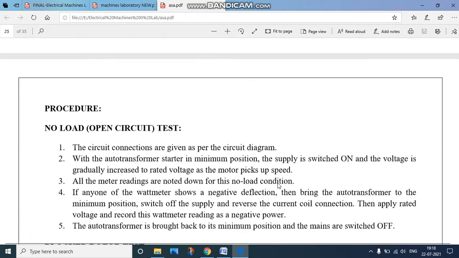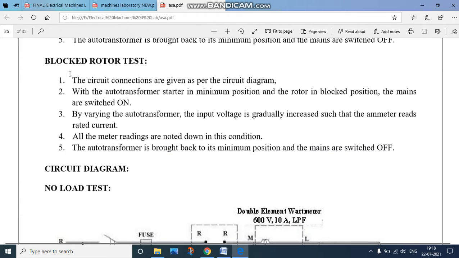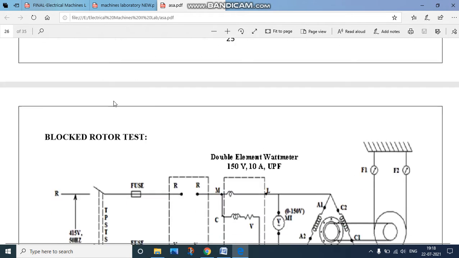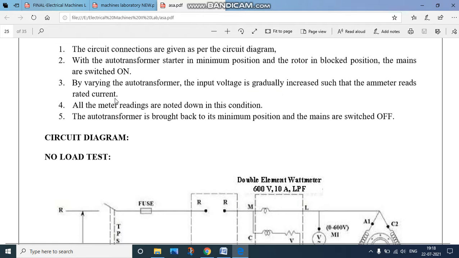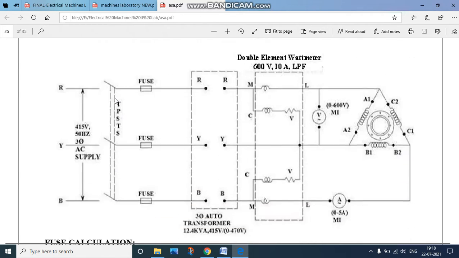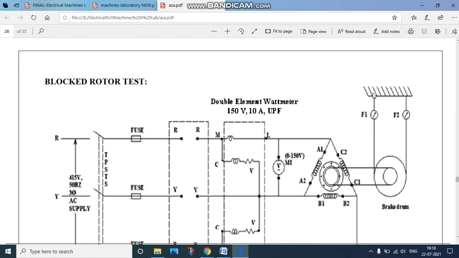Then we are going to see the block rotor test. Here the connection is given as per the circuit diagram, and the main thing we have to do is that the rotor should be blocked by applying load. We apply more load using the spring balance, and therefore the spring balance is moved.